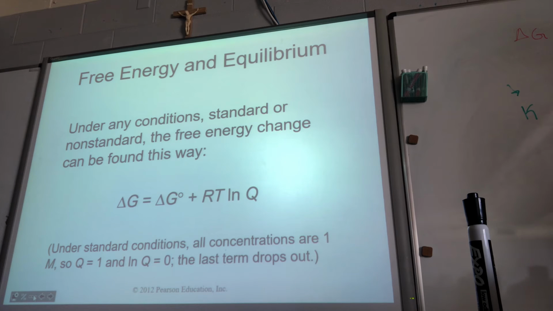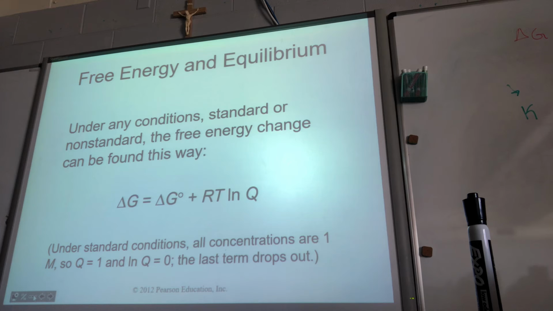So when we had K values, we calculated them using products over reactants. Remember that? How do we calculate Q? Same exact way.